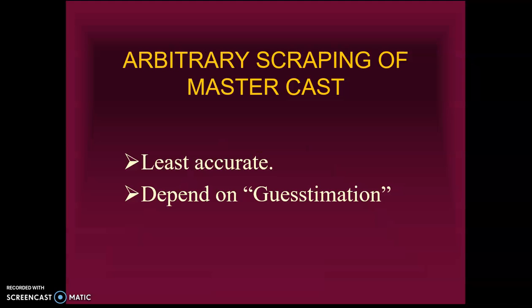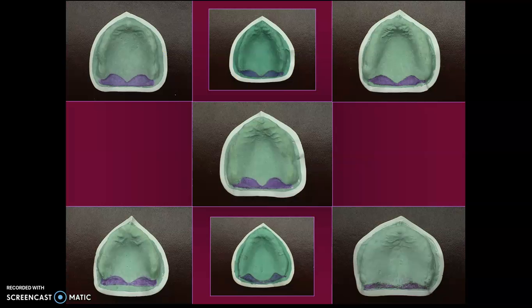Now what is arbitrary scraping of the cast? It's the least accurate technique. It's just guessing the presence of the patient's PPS in the cast. See various casts of various patients. See the size, width, depth. It seems to be like a line, that's it.